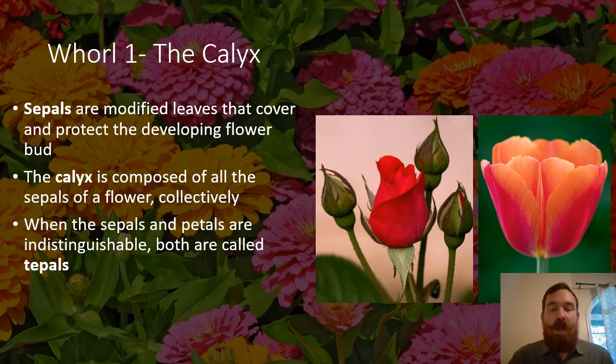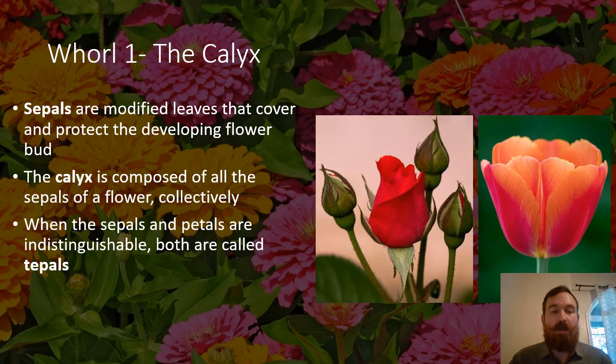Okay. When we refer to all of the sepals of a flower, we call that the calyx. So we can see here there's 1, 2, 3, 4, 5 sepals protecting each rosebud, and those 5 sepals make up the calyx. Calyx is a fun word.